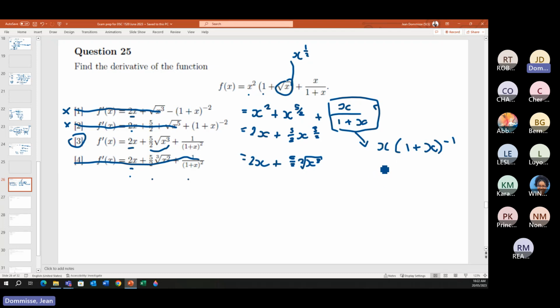It is 1. What would happen with this one is that it's -1, -1, which gives you -2. And then if I put that back into a fraction, it would have been 1/.